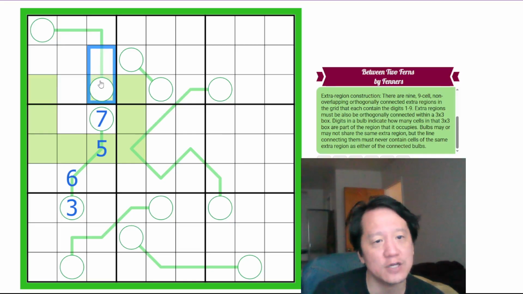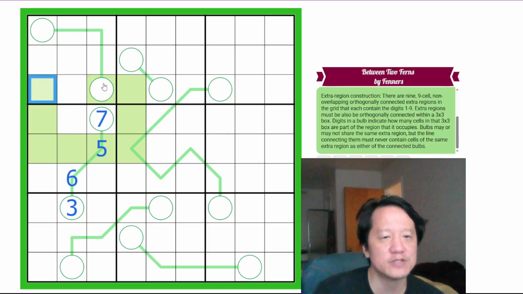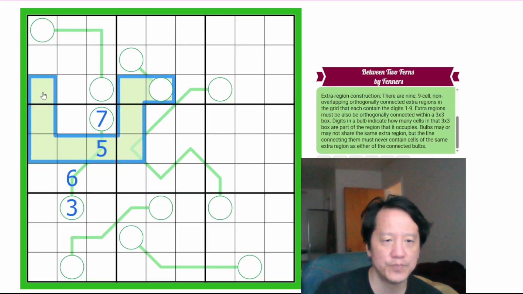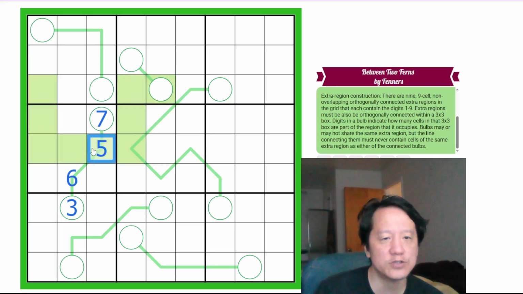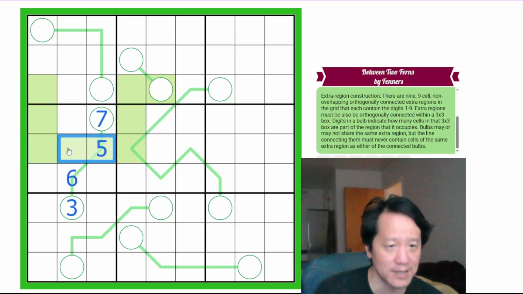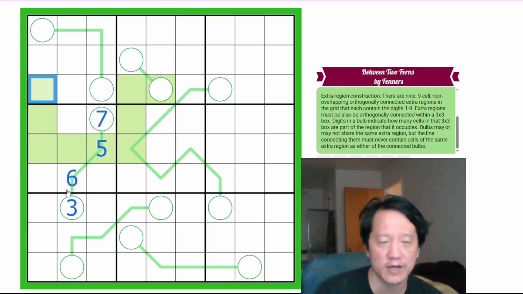So this obviously has no connection to this one, so that can't work in that specific case. But say this is a valid region in general, because in every 3 by 3 box, you have cells which can go to any other cell in that 3 by 3 box just by going through edges while staying within the region. Same with this, same with that.